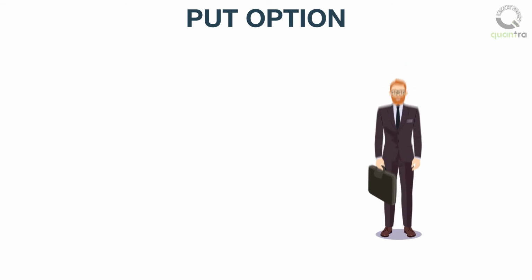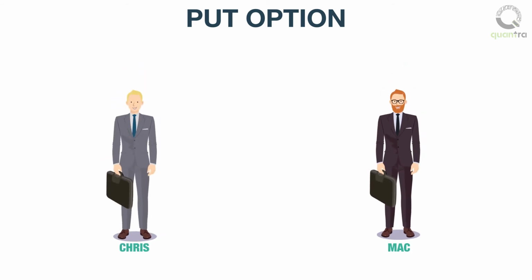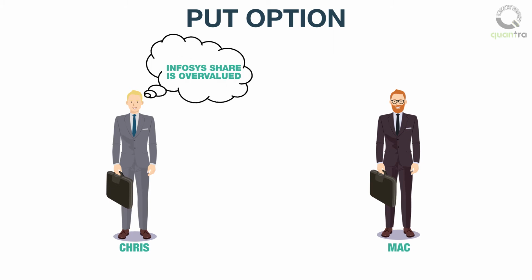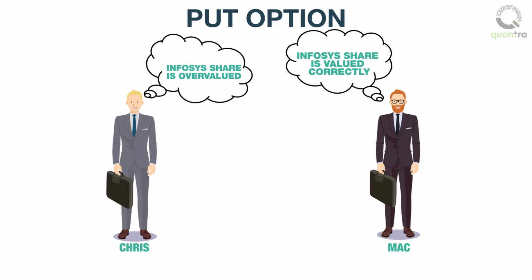Consider two traders Mac and Chris. Chris is of the opinion that the current share price of Infosys, which is trading at 900 rupees, is overvalued, and expects the price to decrease in the future. However, Mac is of the opinion that the Infosys share price is valued correctly, or that it is undervalued. Based on their beliefs, Chris decides to buy the put option, and Mac decides to sell the put option.